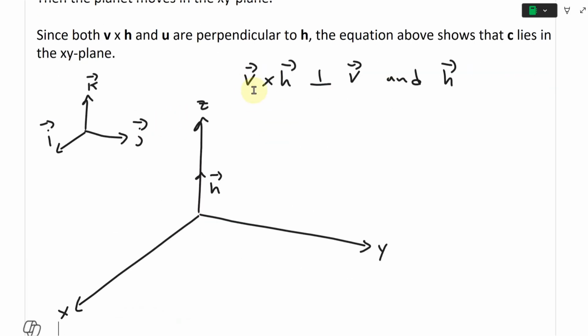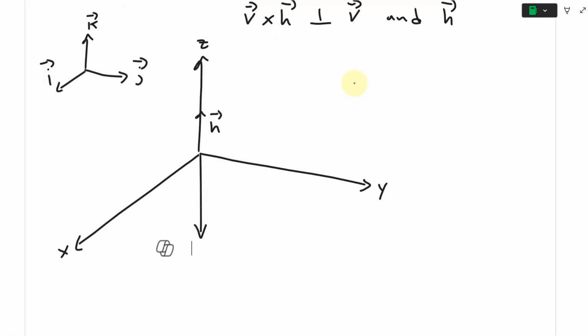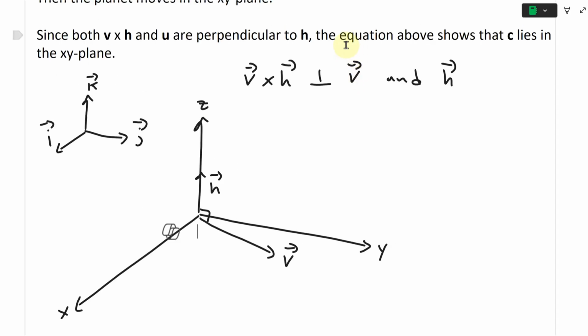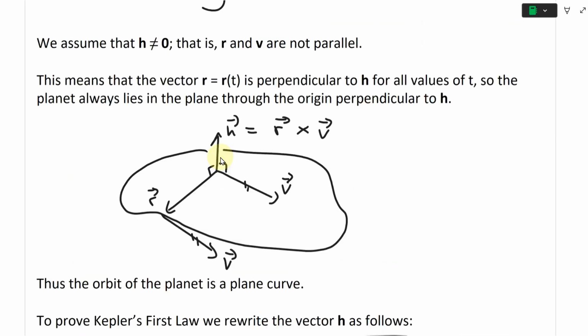All right, so we have v cross h. We set up h like this, and then the next setup is that it's perpendicular to v. So let's say we had a v like this. This is the velocity vector going something like this. Okay, that's our velocity v. So v is perpendicular to h, just because it already goes in the same plane, as we showed earlier.